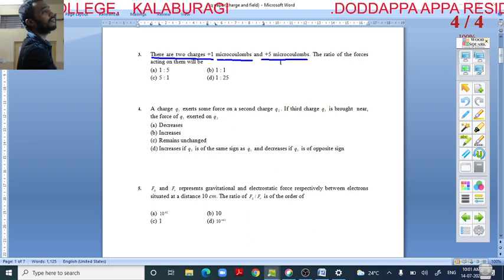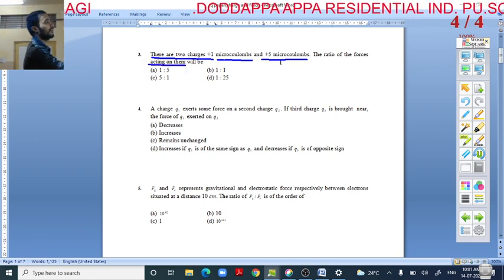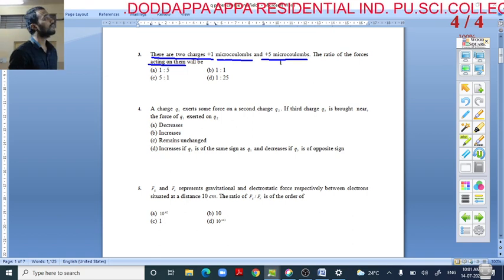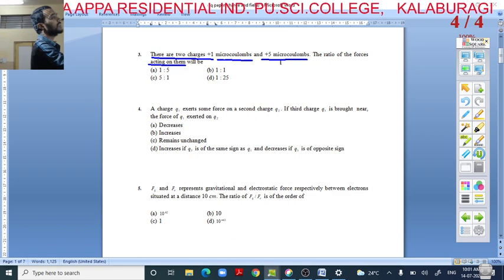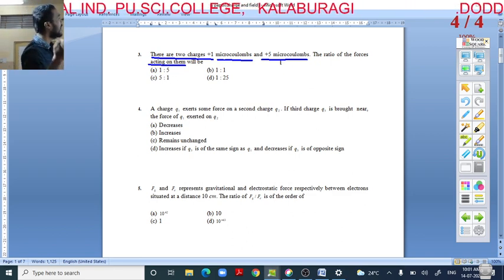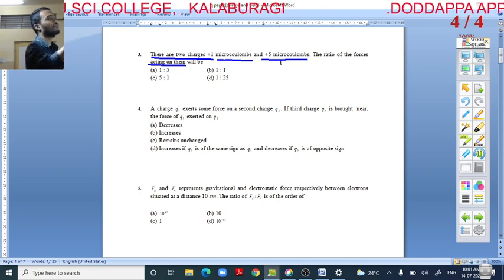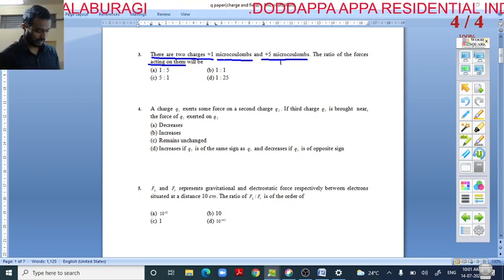The ratio of the forces acting on them will be. Ratio of forces he is asking. The ratio of the forces acting on them will be the question, right?